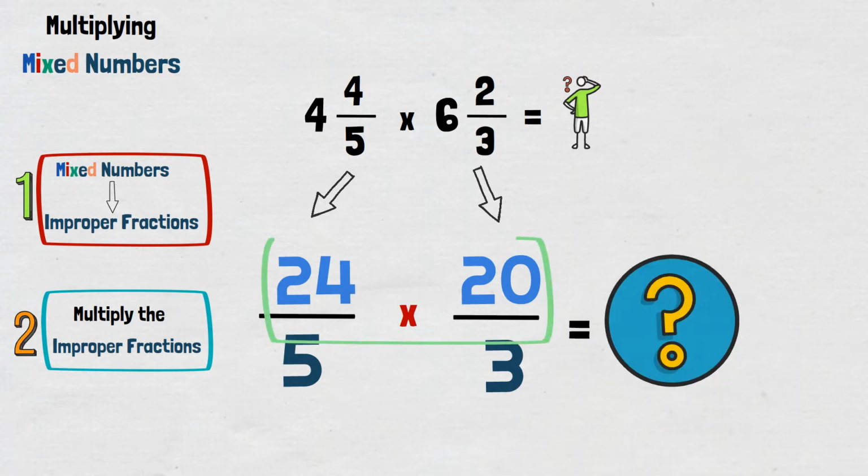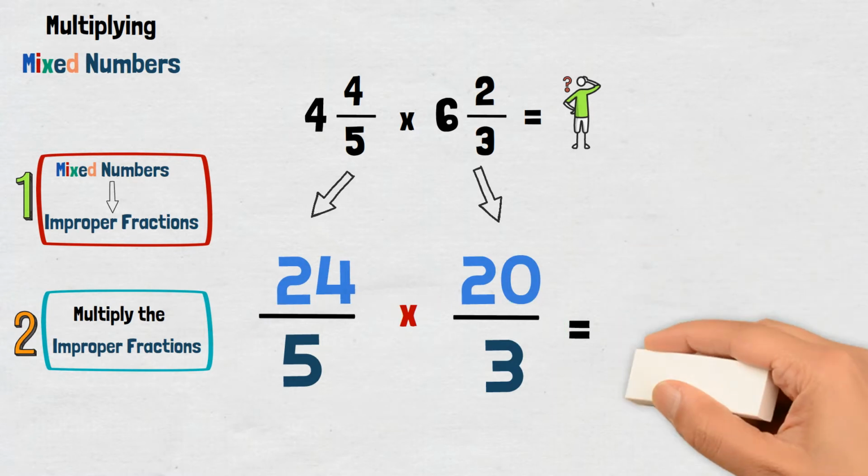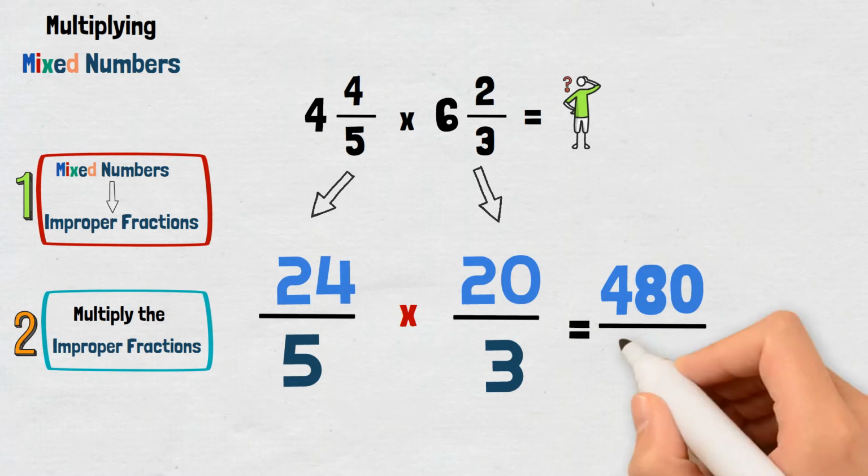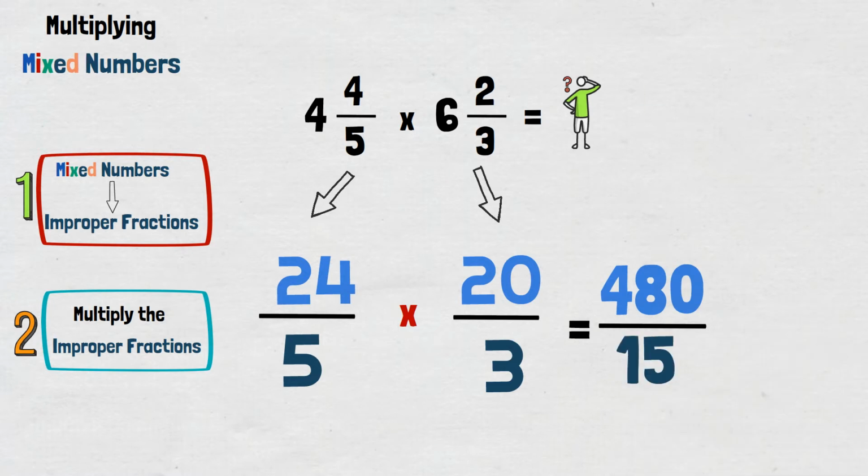We simply multiply the two numerators together and then the two denominators together. In the numerator section, we have 24 multiplied by 20 equals 480. In the denominator section, we have 5 times 3 equals 15. Therefore, 24 over 5 times 20 over 3 equals 480 over 15.